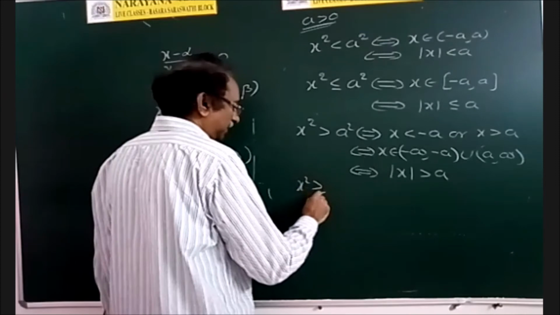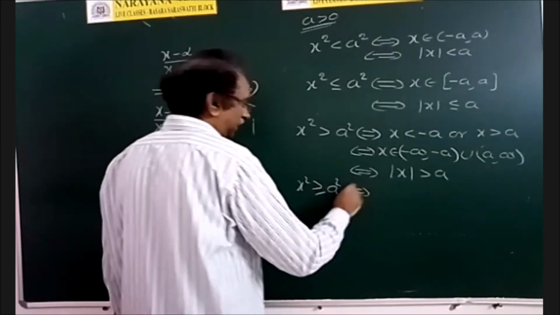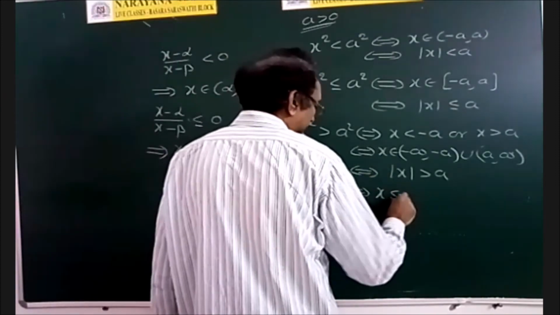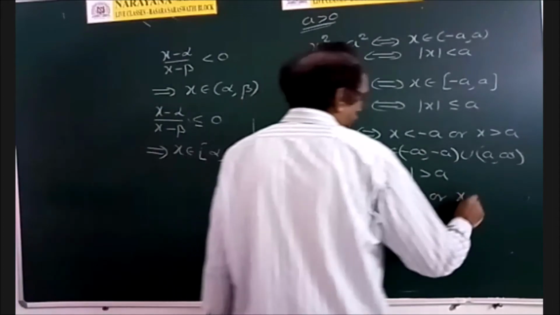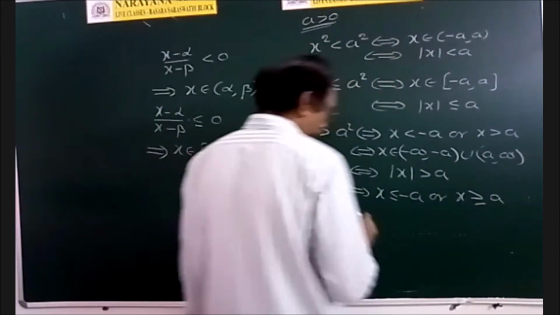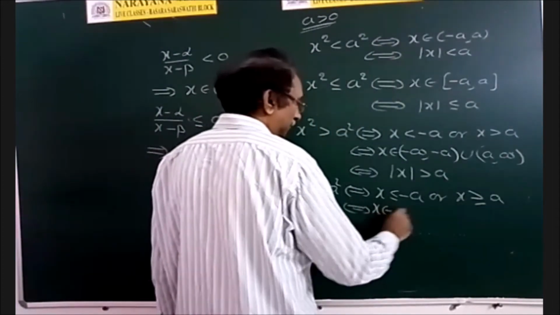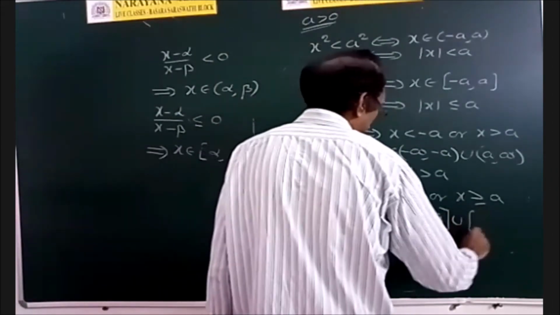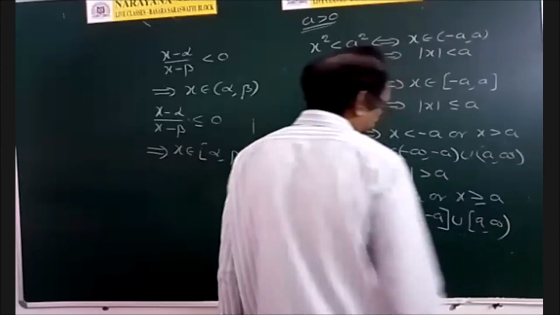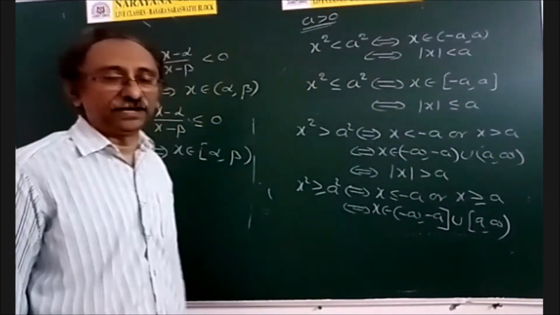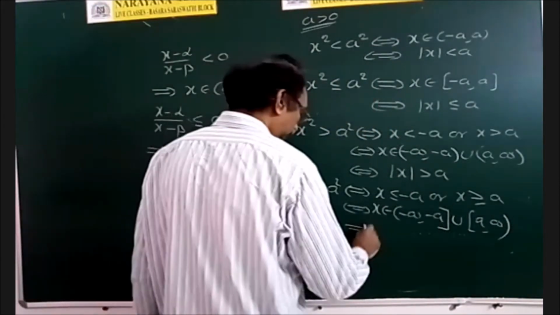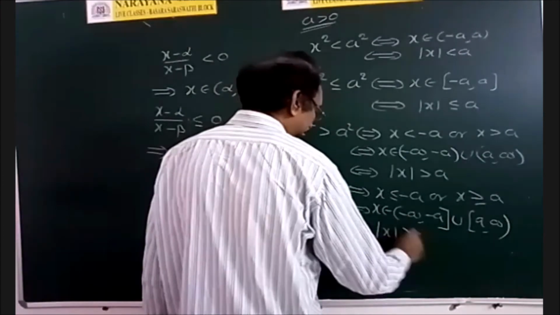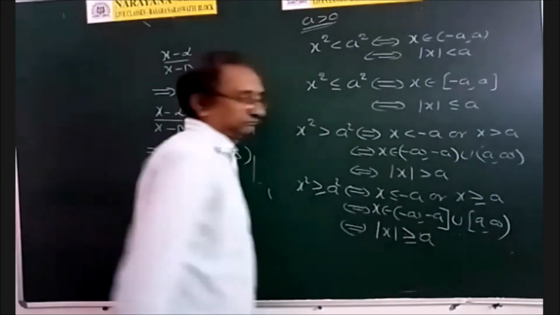So x square greater than or equal to a square means x less than or equal to minus a or x greater than or equal to a. So in the interval form, x belongs to minus infinity to minus a union a to infinity, closed at minus a and a. So if and only if mod x greater than or equal to a.